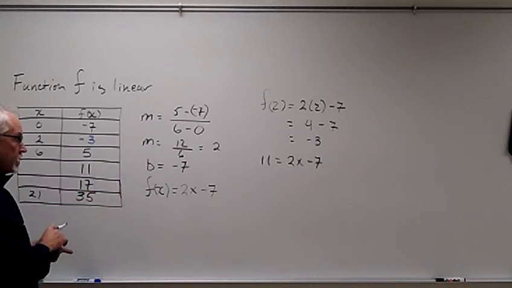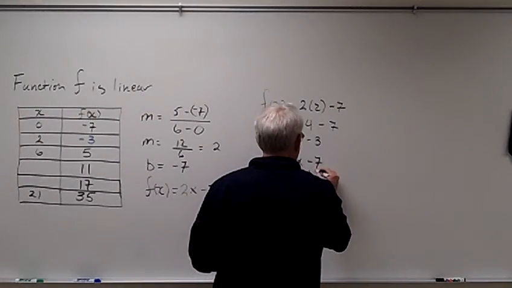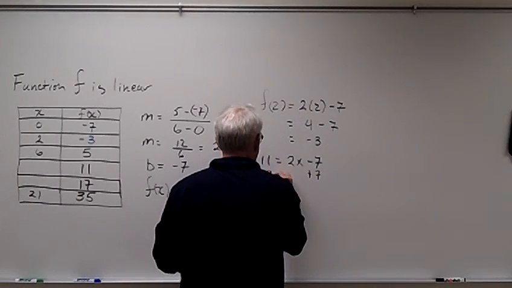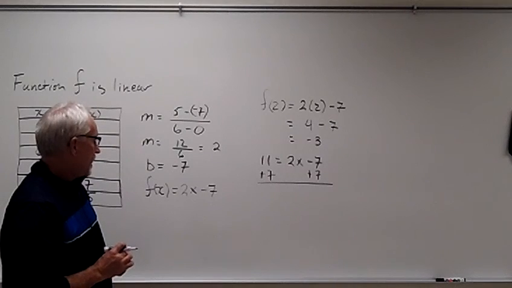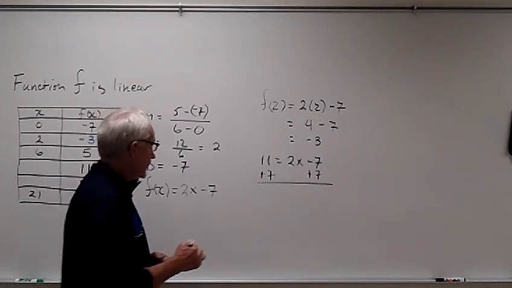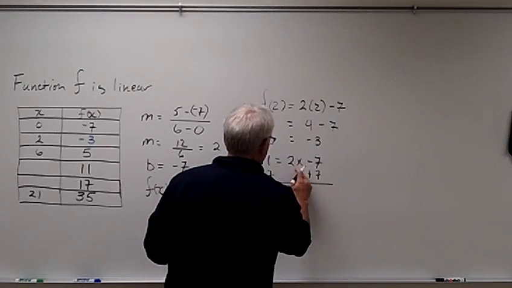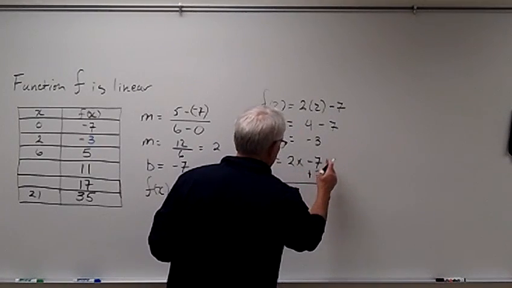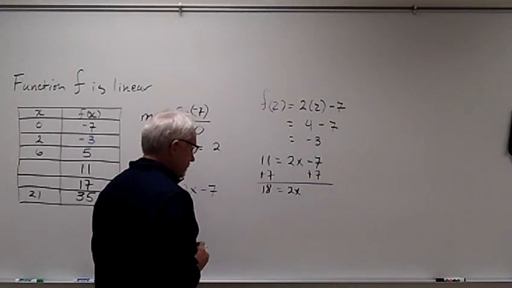So now we're going to solve this resulting equation. The first thing we'll do is add 7 to both sides of the equation using the addition property of equality. So 11 plus 7 is 18, and that's equal to 2x. And notice here we have plus 0. We won't need to write the plus 0.